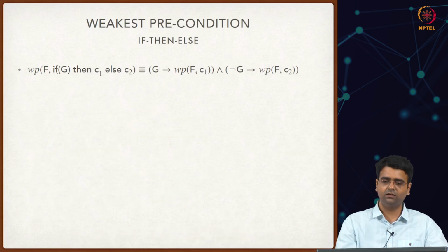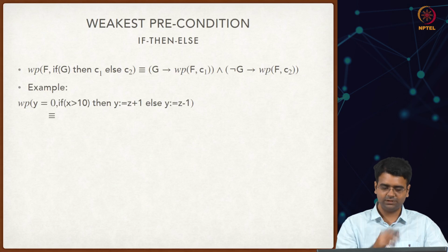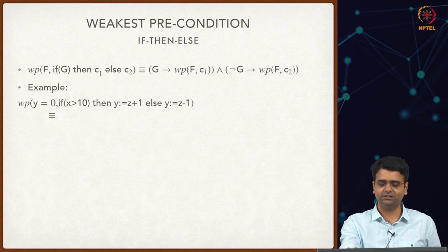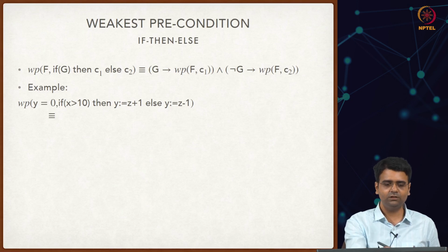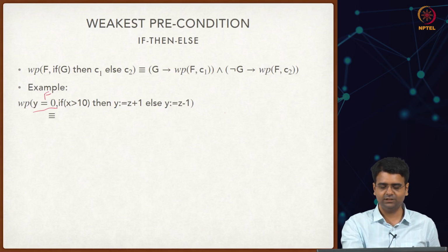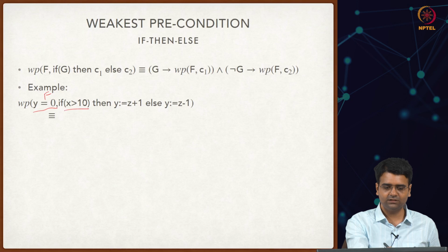Okay. Let us look at some examples now. Now that we have computed this generic formulation, whenever you have an actual example, all you need to do is plug in the formulas from the example into the definition. Here I want to find the weakest precondition for y equal to 0. So this is F for this particular if-then-else. I just plug in the definition.